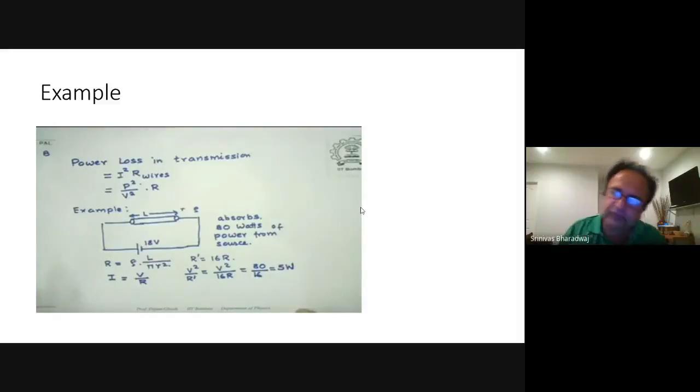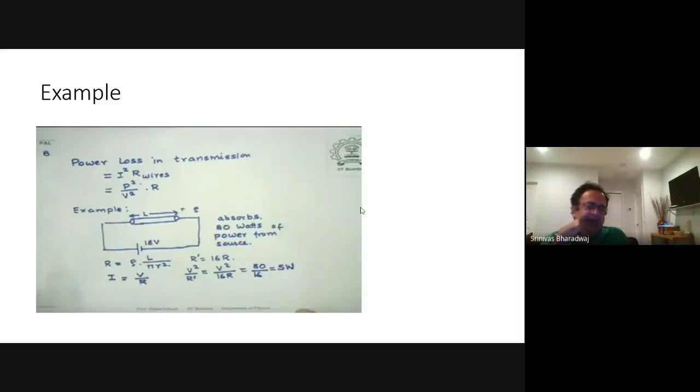So from Agra, there is a wire that goes into this person's house. Let us say he lives in Greater Kailash in Delhi. So now there's a power line that comes from Agra all the way to Delhi.